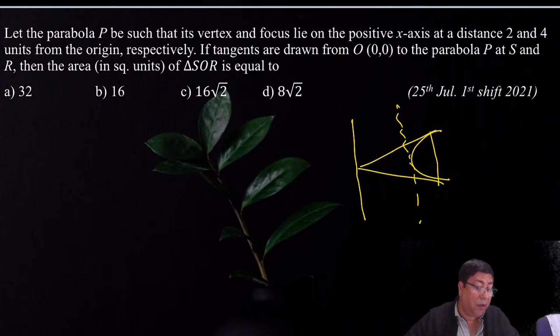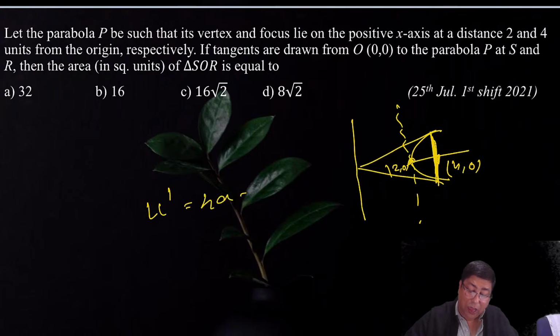If we draw the parabola, this is (2, 0), this is (4, 0), and this is (0, 0). Clearly this is the latus rectum. Therefore the length of the latus rectum LL' equals 4a, that is 4 into 2, equal to 8.